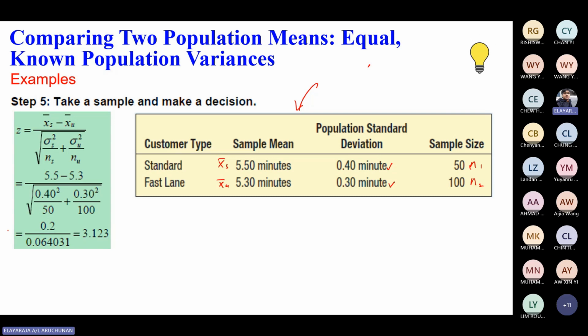3.123. So this is your z-score. Now, once you get the z value, you need to compare it with the critical value that you obtained just now.